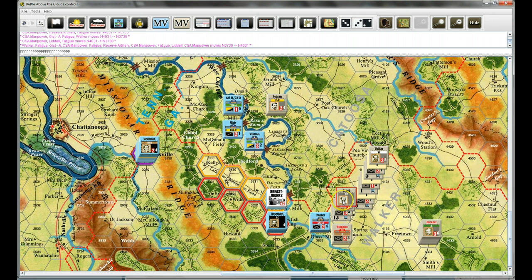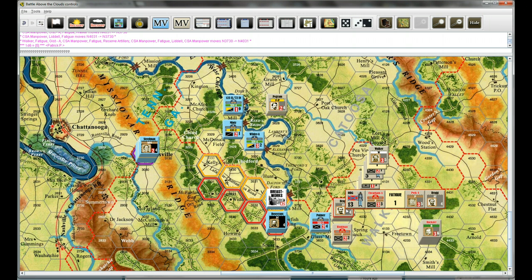When you are exiting a zone of control, then you must pay an additional movement point as a penalty for that first step out. So, for example, let's say Polk is activating Cheatham here. He's going to place a fatigue marker, and he wants to move away from Palmer's hex. He rolls his movement, gets a 5, so he has 7 movement points to work with.